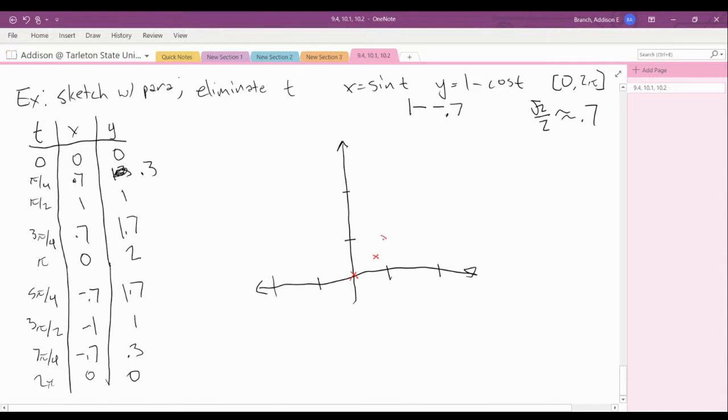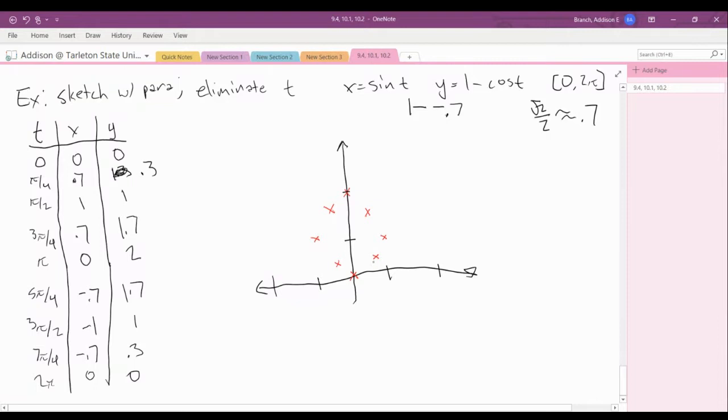Move up to 1, 1. Move over to 1.7, 0.7. Move back up to 0, 2. Move over to negative 0.7, 1.7. Move down to negative 1, 1. Move over to negative 0.7, 0.3. And we end up back down at 0.